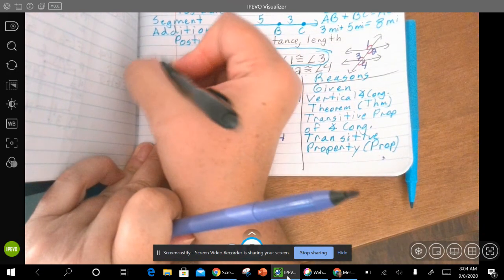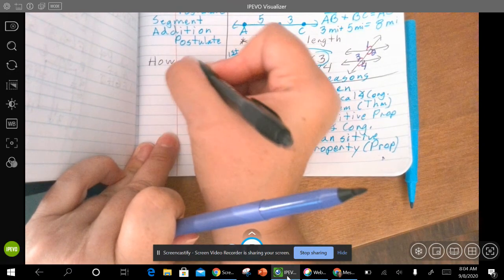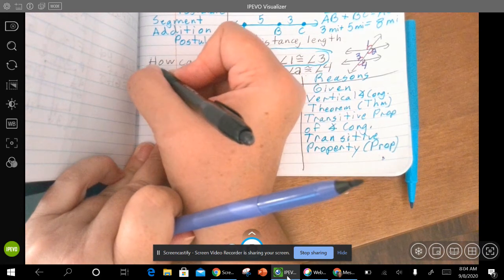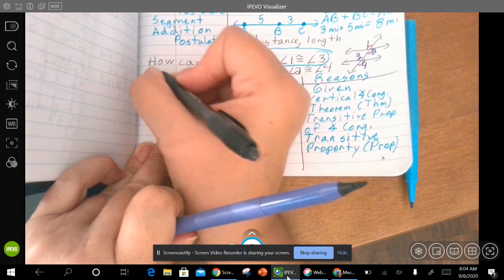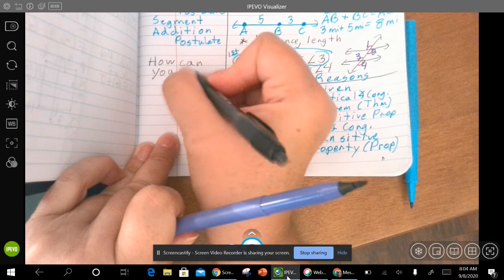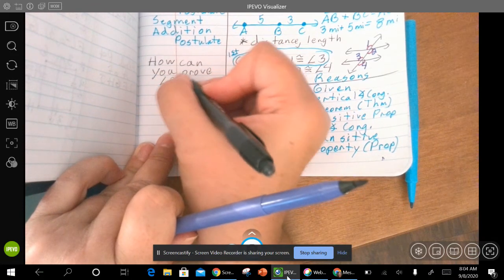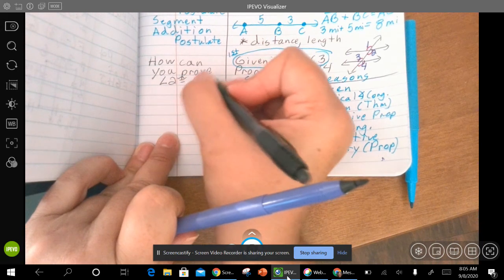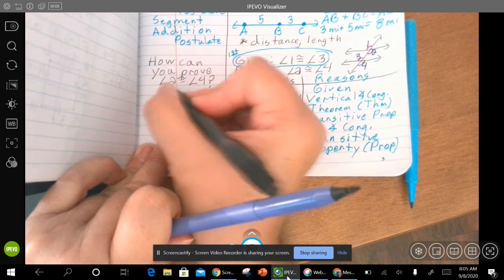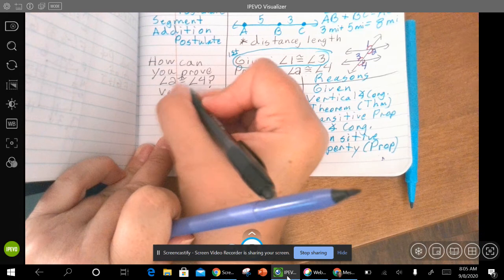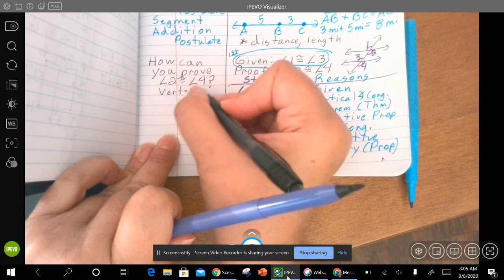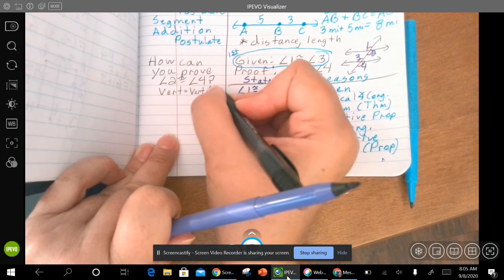All right, so our question for this: how can you prove angle 2 is congruent to angle 4? Okay, and I'm just going to put abbreviations here. So vertical, we do VRT.